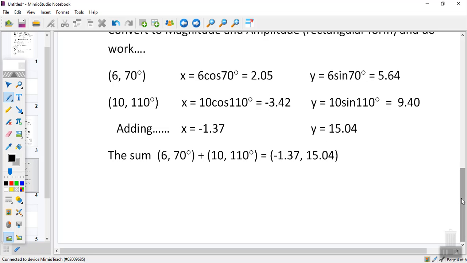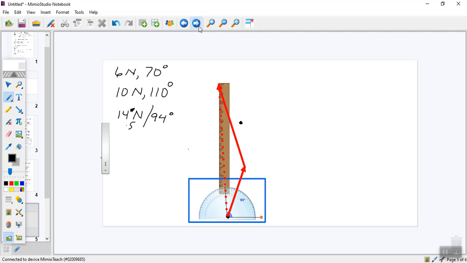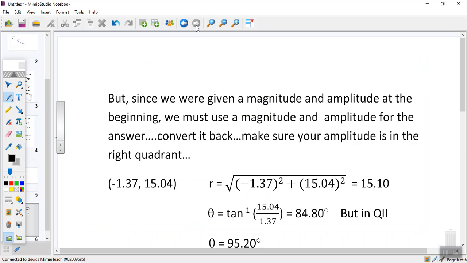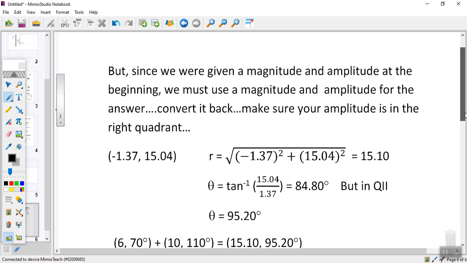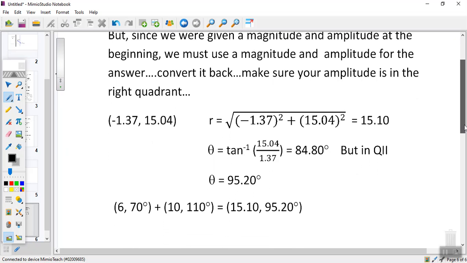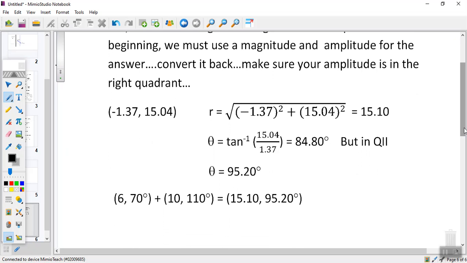Oops, you know what, that page is on this page. Since we're given magnitude and angle at the beginning, we must use a magnitude and an angle for the answer to convert it back. So make sure our answer is in the right quadrant. Let's talk about this quickly. That angle that we measured was about 94 degrees, wasn't it?